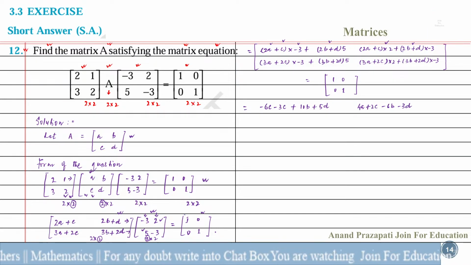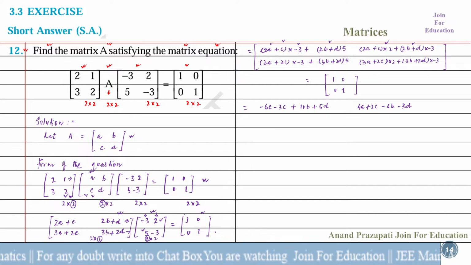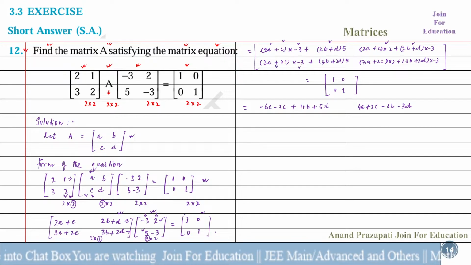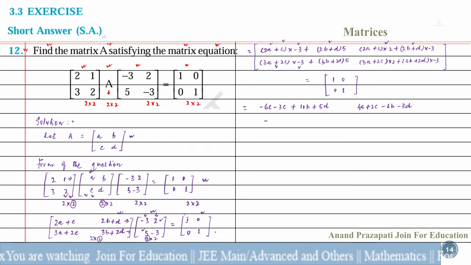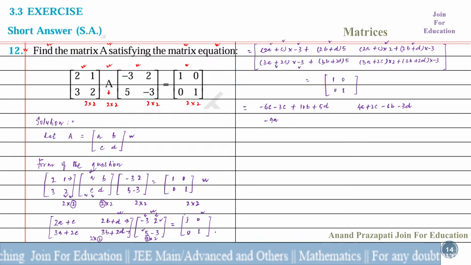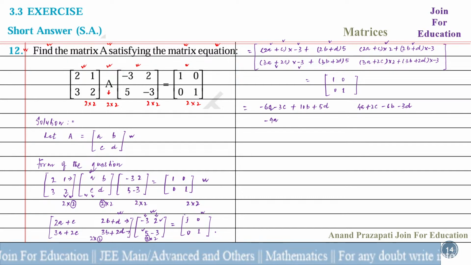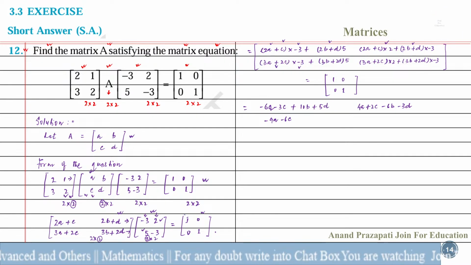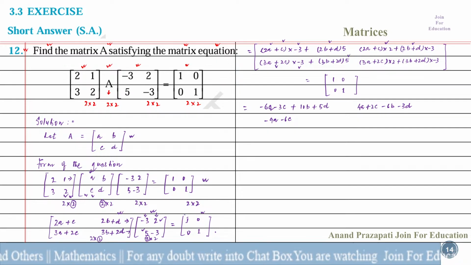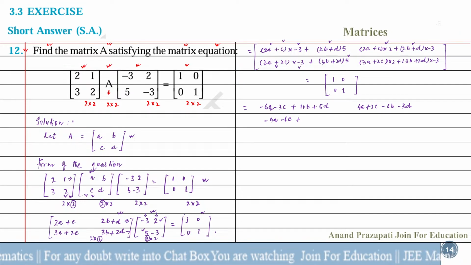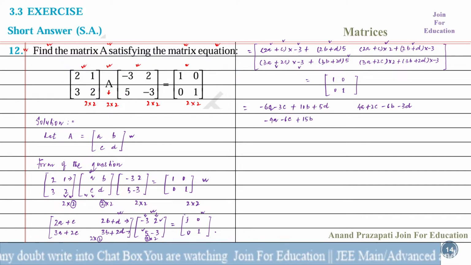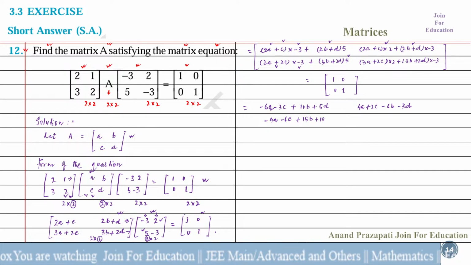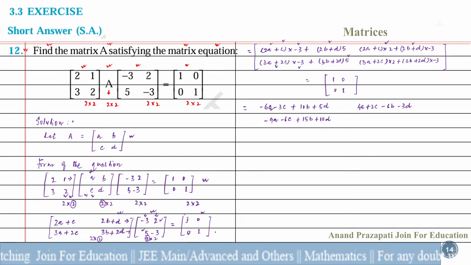After there is no problem to understand up to this step, and when this one multiplied by minus 3, then we get minus 9a, minus 6c, and this one multiplied by 5, then we get plus 15b and plus 10d. After there is no problem to understand up to this step.